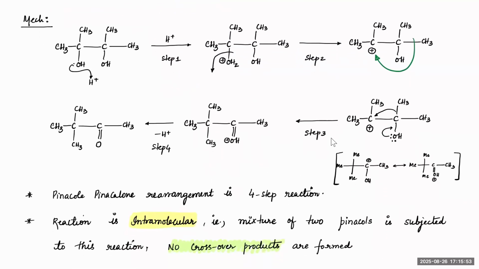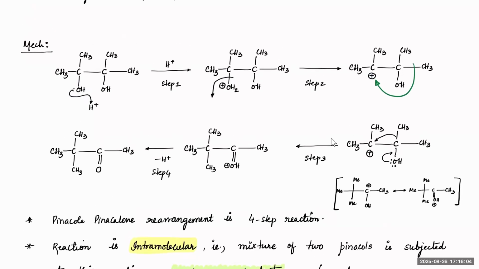See the mechanism now. First protonation happened, water is removed, carbocation has been formed, right? So far clear, beta, how the steps are going? Next.